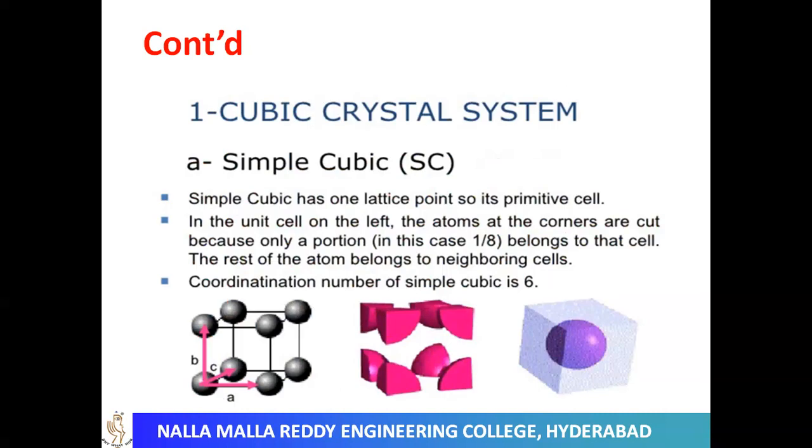Now, as I explained, in the simple unit cell there are atoms only at the corners, and each corner contributes only 1/8, and there are 8 corners. So in the simple unit cell, the total number of atoms will be 1.